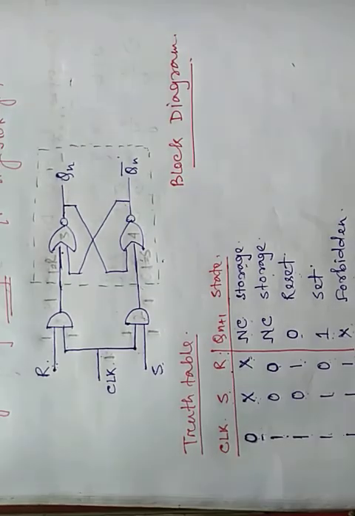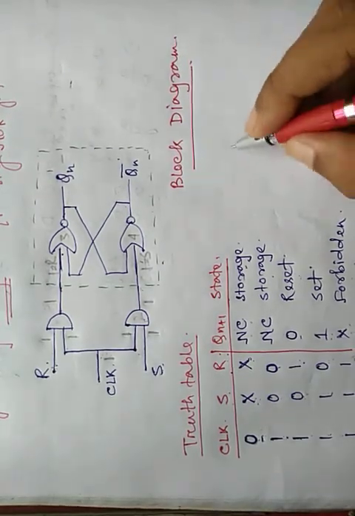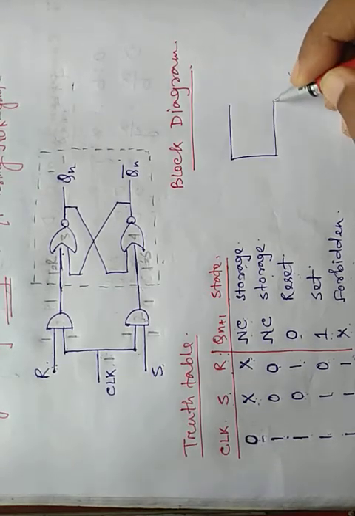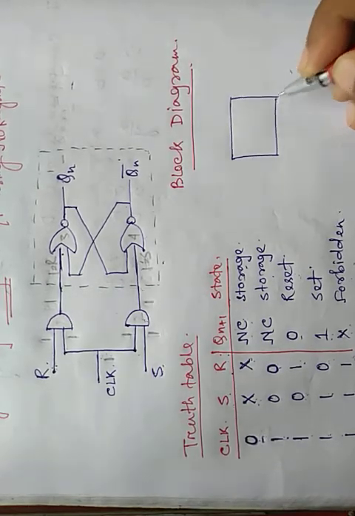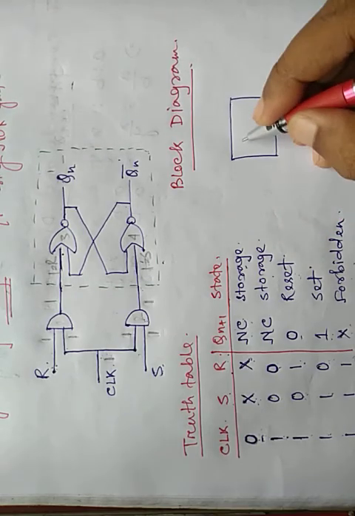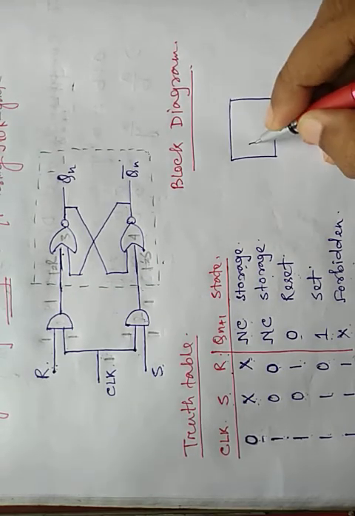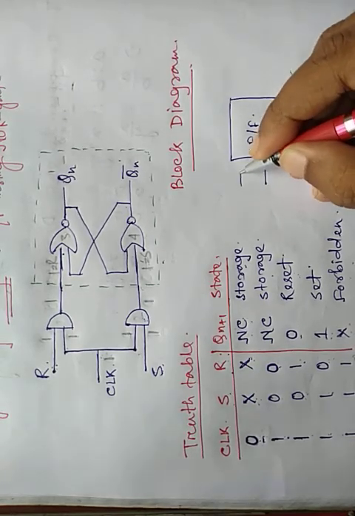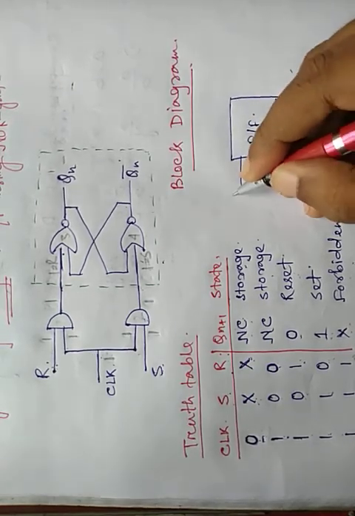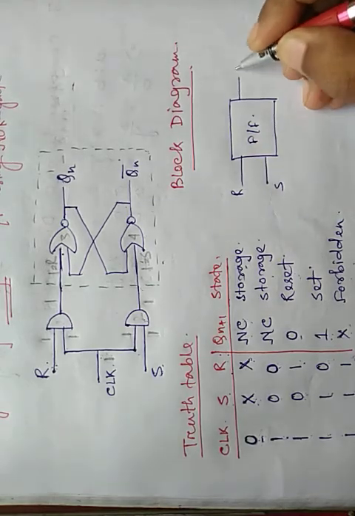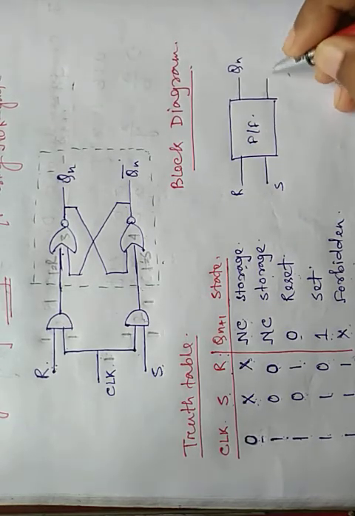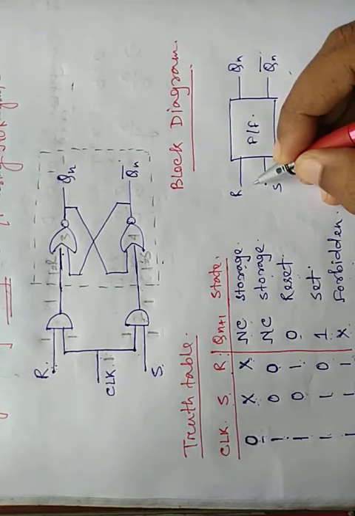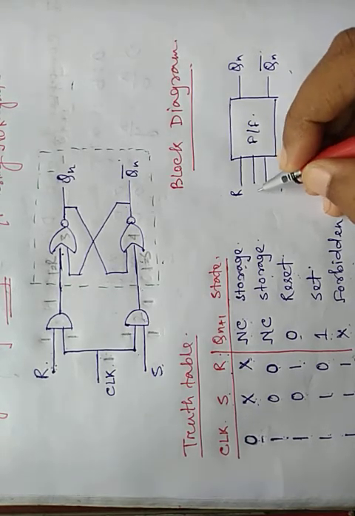Now there is also the block diagram. This is the logic diagram, and for the block diagram we can draw a flip-flop with inputs S and R, outputs Q and Q bar, and one clock signal.